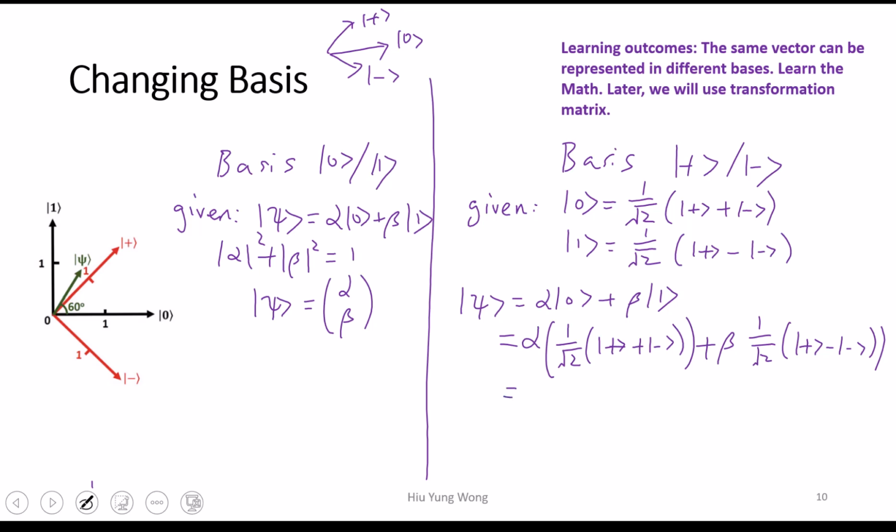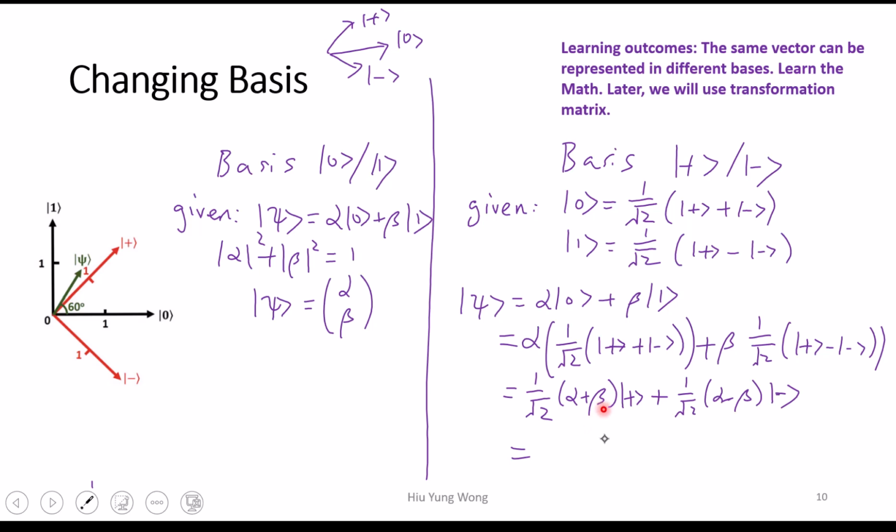It's just equal to what? I group the terms for plus. It becomes 1 over square root 2 times alpha plus beta, times plus. The other is 1 over square root 2 times alpha minus beta, times minus. Right? I have the freedom to do that, right? I mean, no freedom, I just follow the rule.